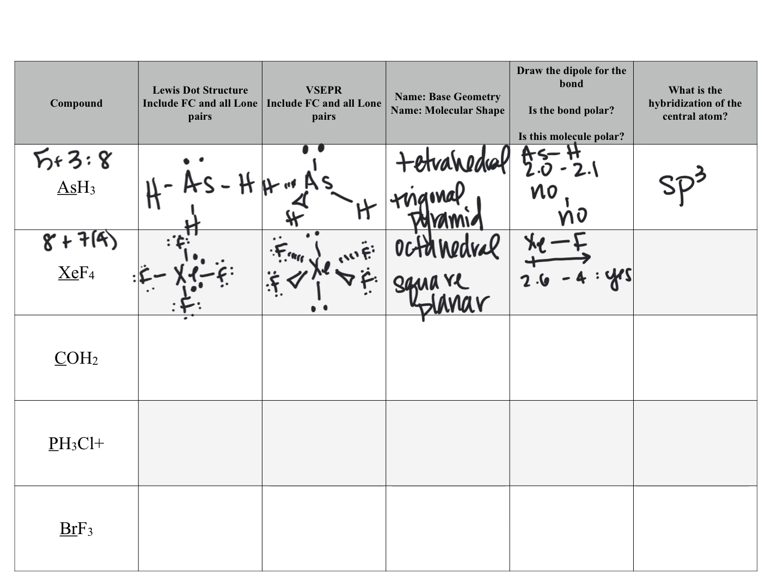So we have 4 polar bonds, but they are all equivalent to each other. So the molecule is not polar. Then we ask ourselves, what is the hybridization of this central atom? And it is sp3d2, because everything that is base octahedral is sp3d2.